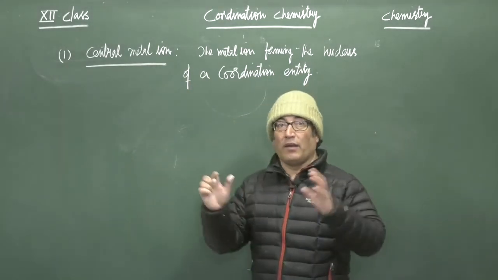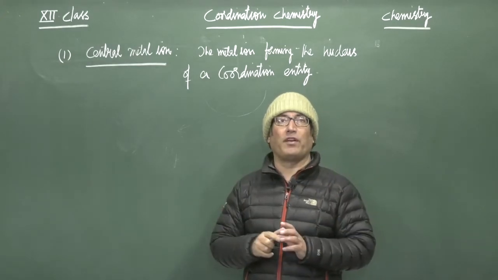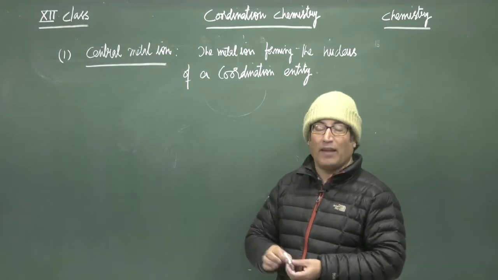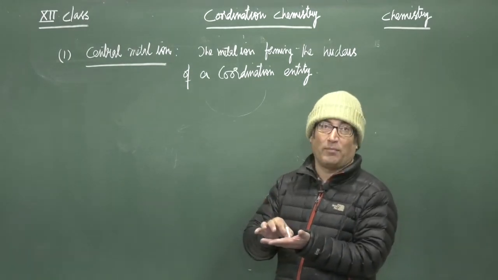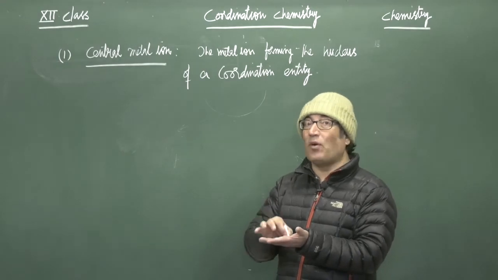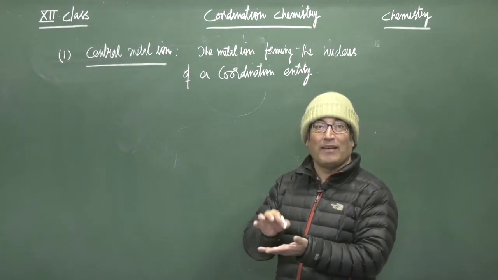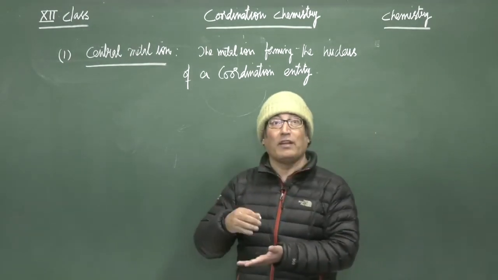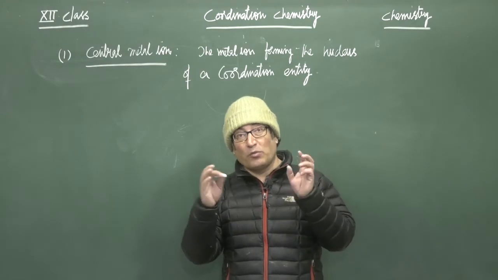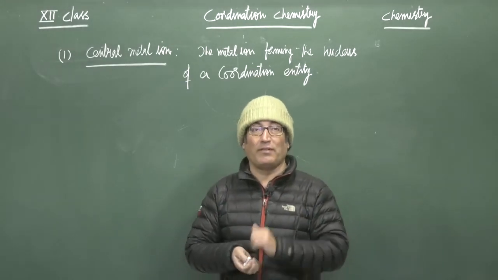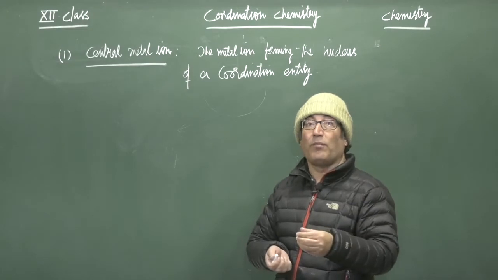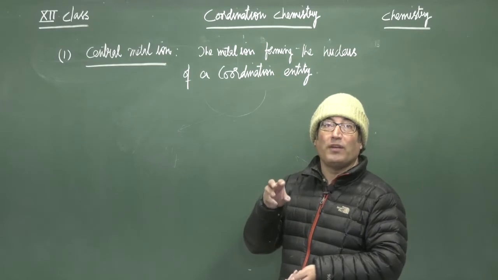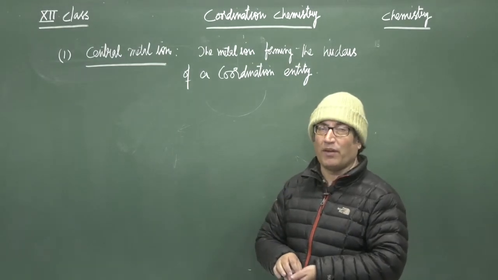And if you observe different types of coordination entities, you'll find that the central metal ion is mostly a metal ion of the D block elements, because it is generally the D block elements which have this specialized property of forming coordination entities. Now there's a reason for that. There's one more chapter called D and F block elements, where you will learn why D block elements form these coordination entities.